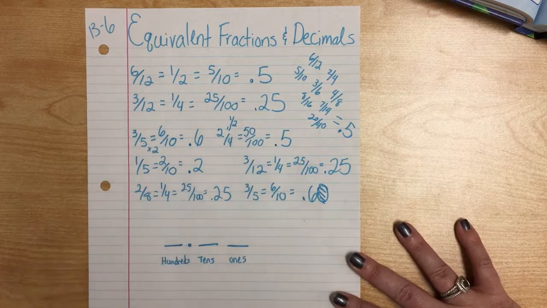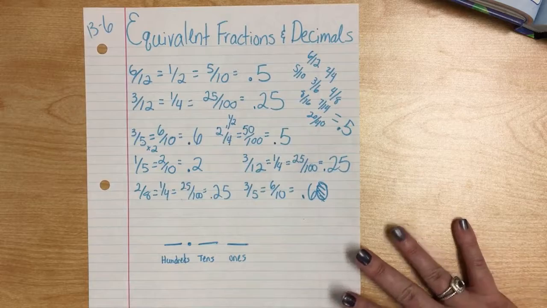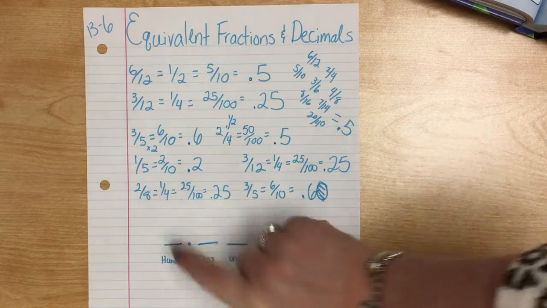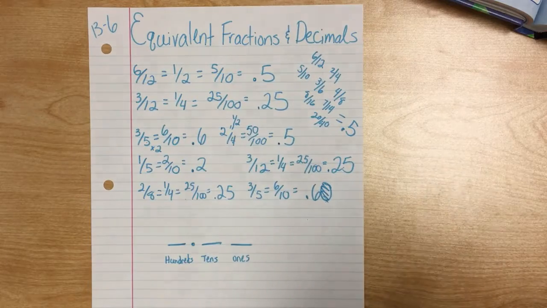And really the best way to think about this is in money terms. You're never going to have to work with something that is a denominator of 200 or 300 or 1200. It will only go up to 100.